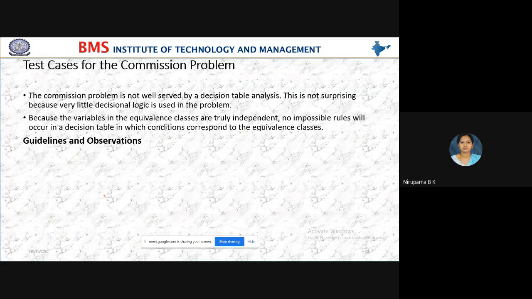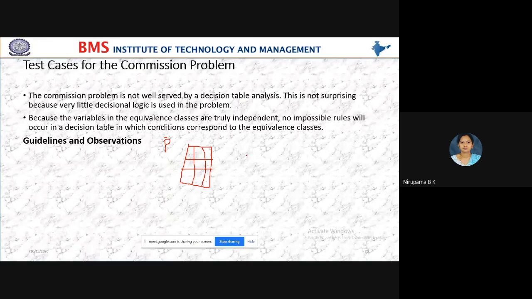So next we have the commission problem. See, students, when we were discussing the next day problem, I told you we can draw a perfect decision table.